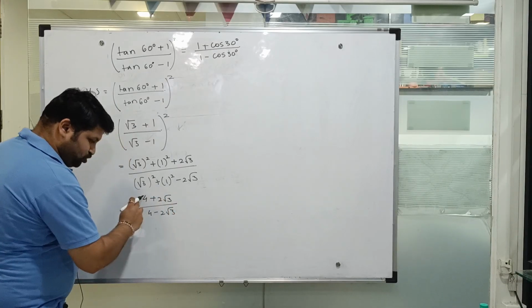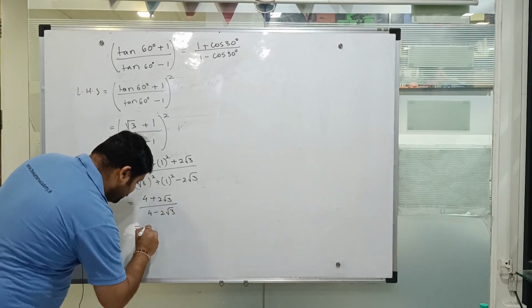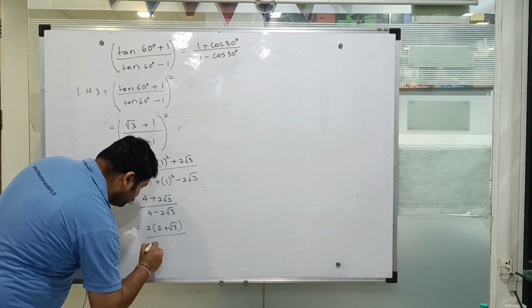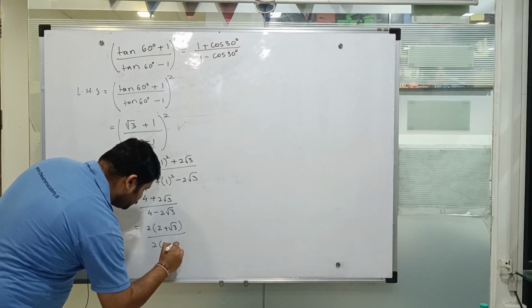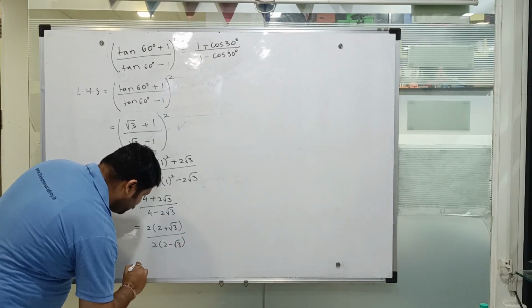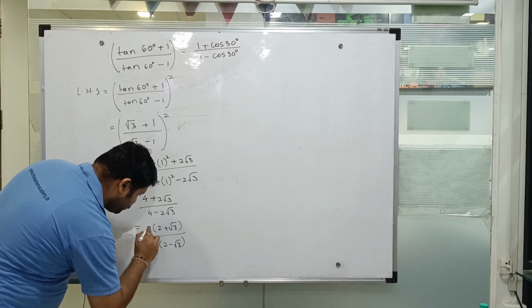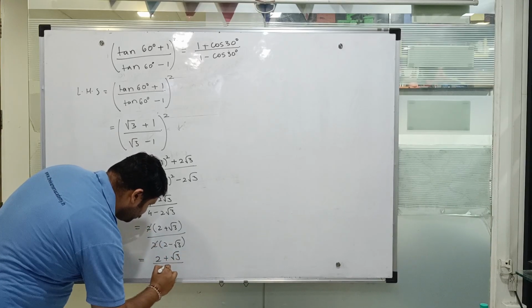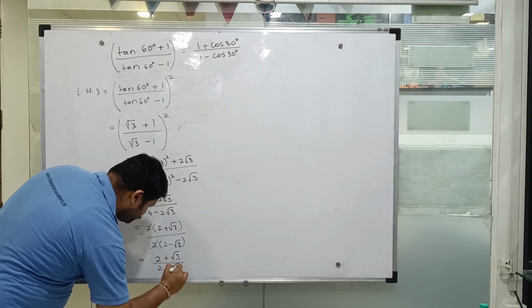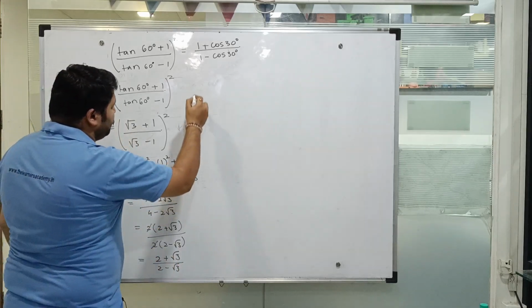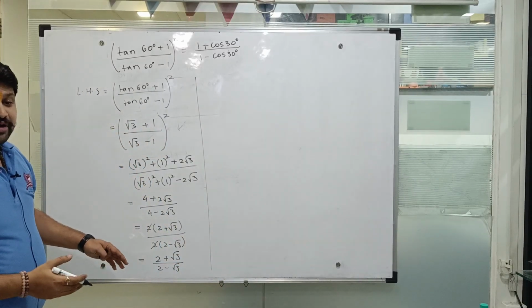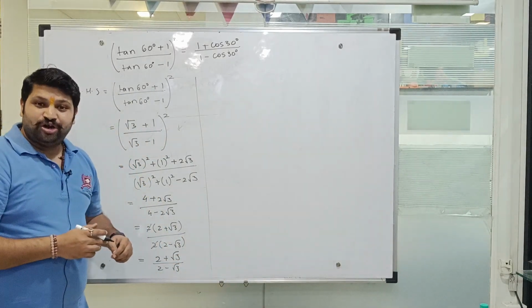I can take 2 common in both the cases and have 2 times (2 plus root 3) upon 2 times (2 minus root 3), giving me 2 plus root 3 upon 2 minus root 3. I would further rationalize the denominator.